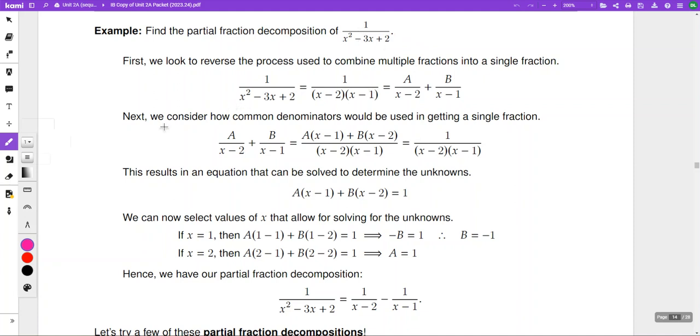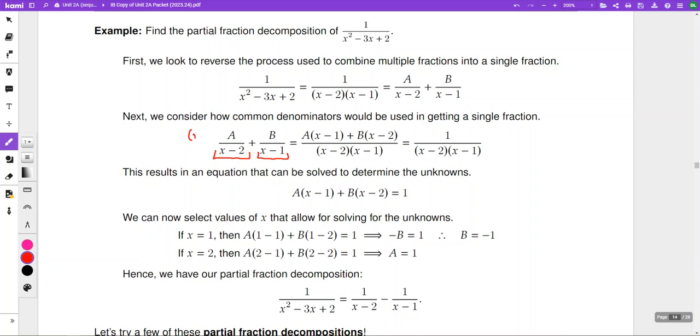Okay, so what we can do with this work is be able to say, hey, if I think about how I combine, right, if I think about how I combine two fractions to get a single fraction, we'd say, well, first I need to get a common denominator, right? And that common denominator would be this x minus 2 times that x minus 1, right? So the a term in the numerator needs to be multiplied by an x minus 1, and the b term in the numerator needs to be multiplied by an x minus 2, right?